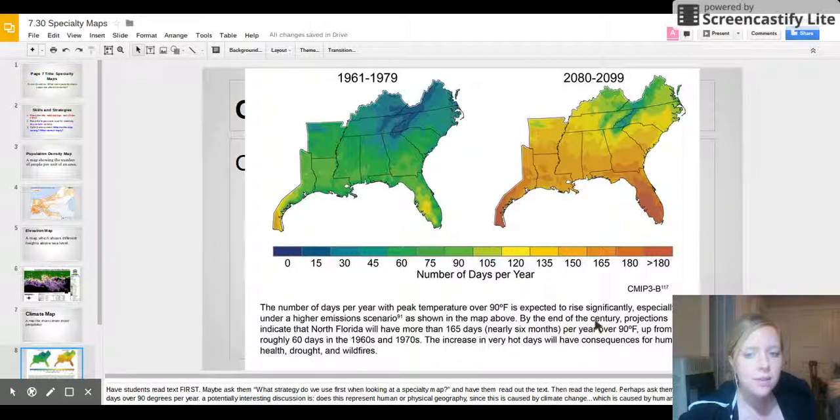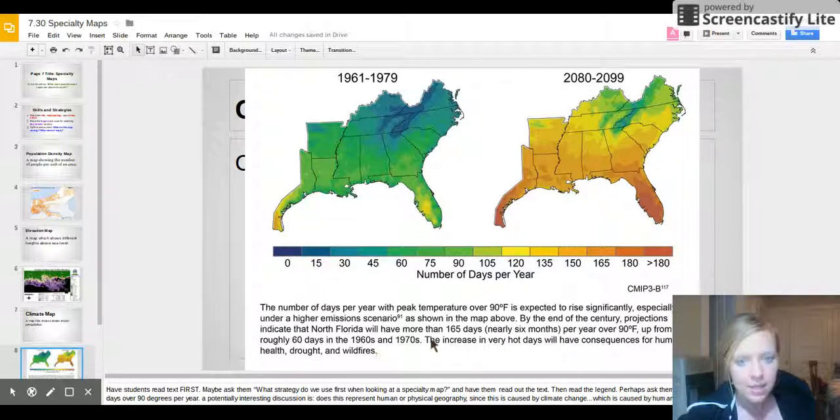By the end of the century, projections indicate that North Florida will have more than 165 days, that's nearly 6 months per year, over 90 degrees Fahrenheit, up from roughly 60 days in the 1960s and 1970s. The increase in very hot days will have consequences for human health, drought, and wildfires.